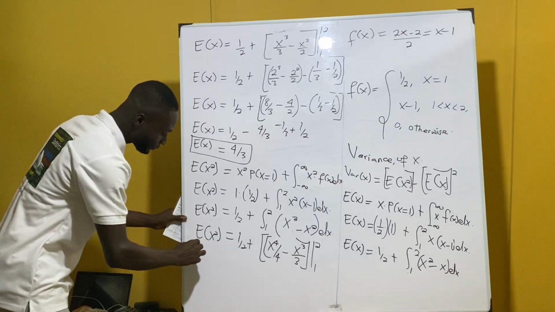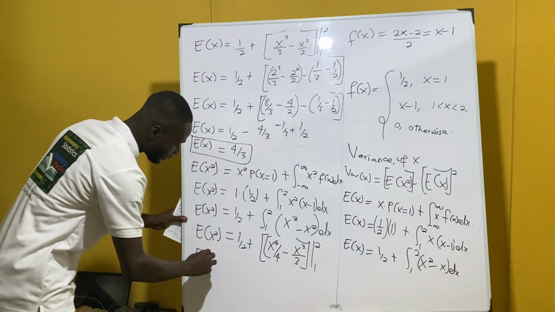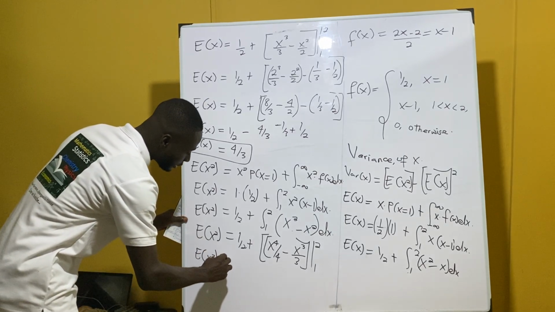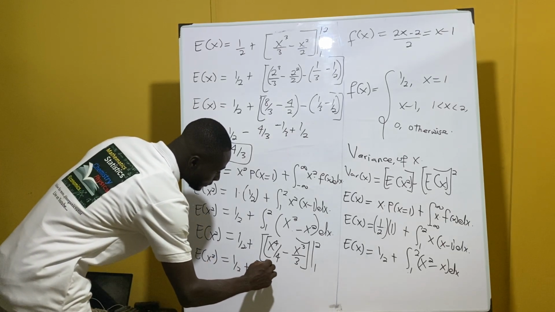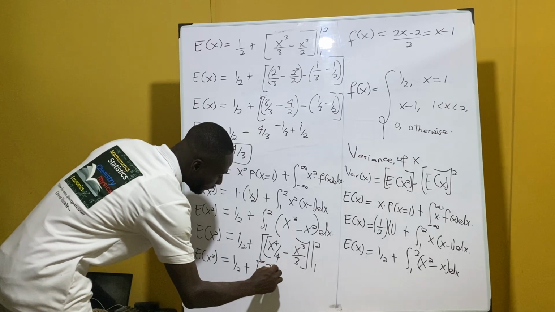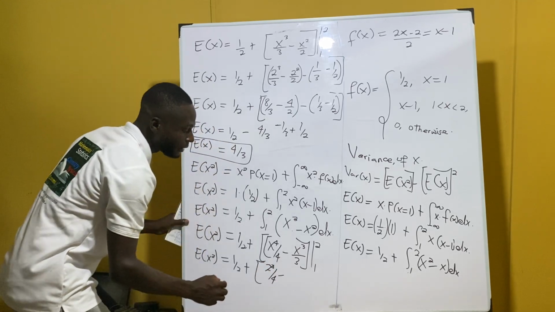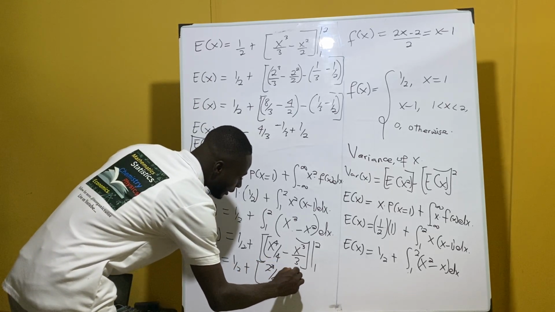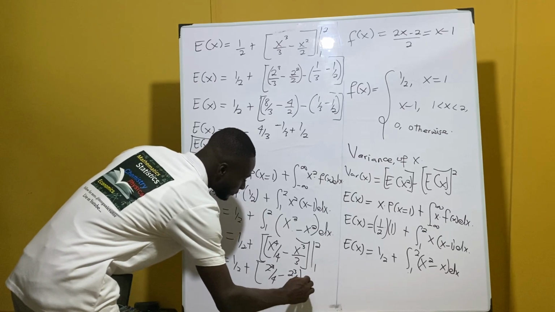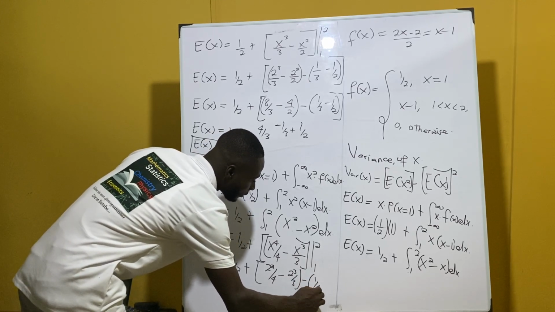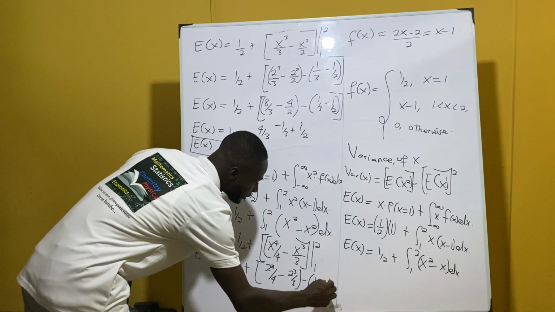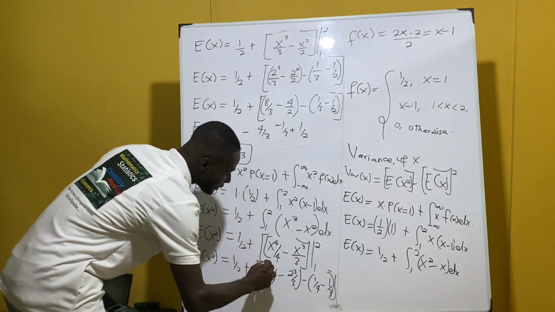So the expectation of x squared is equal to half plus 2 to the power 4 over 4 minus 2 to the power 3 over 3, minus 1 over 4 minus 1 over 3, right?